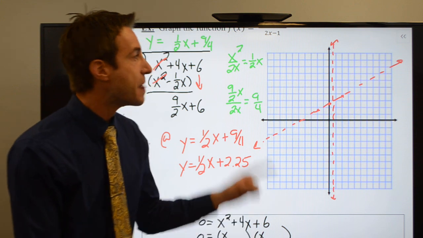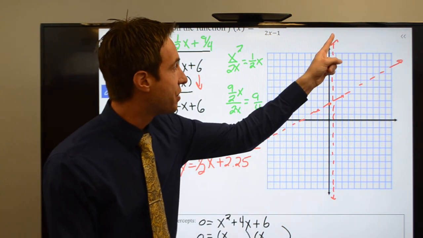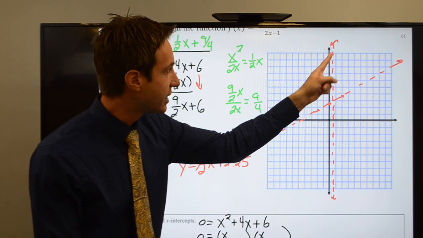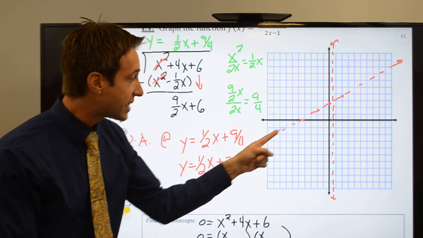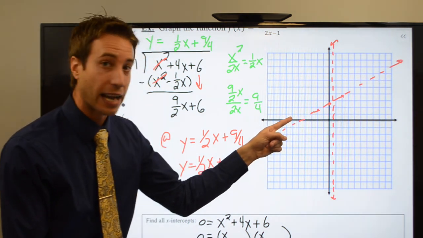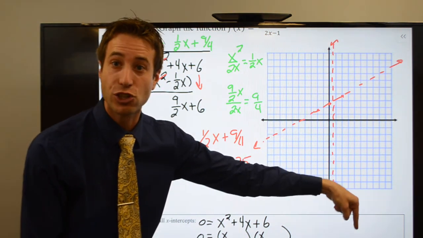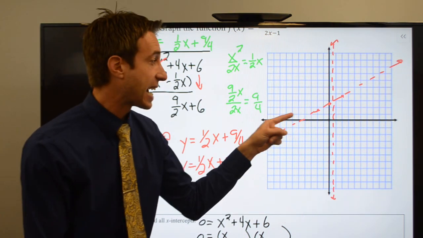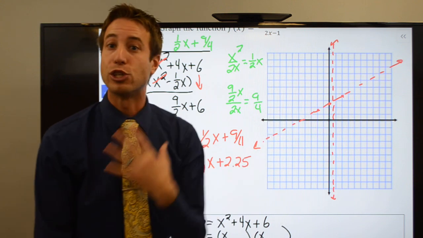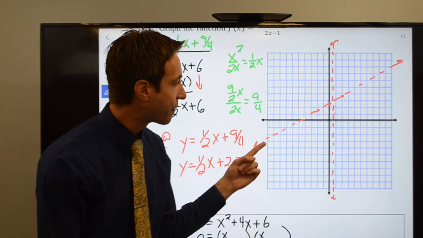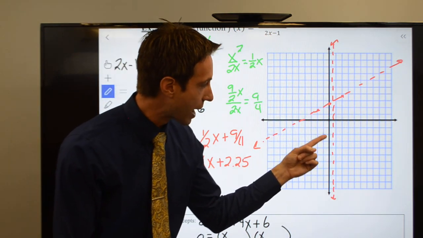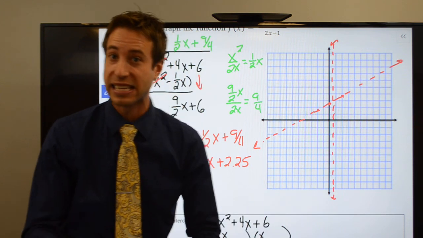Please notice this. If I were to come this direction along this asymptote to this asymptote, look what happens. I cross the x-axis. That is not okay. I have imaginary x-intercepts. I can't cross the x-axis, which means I have no choice. I have to come this direction without crossing the x-axis.